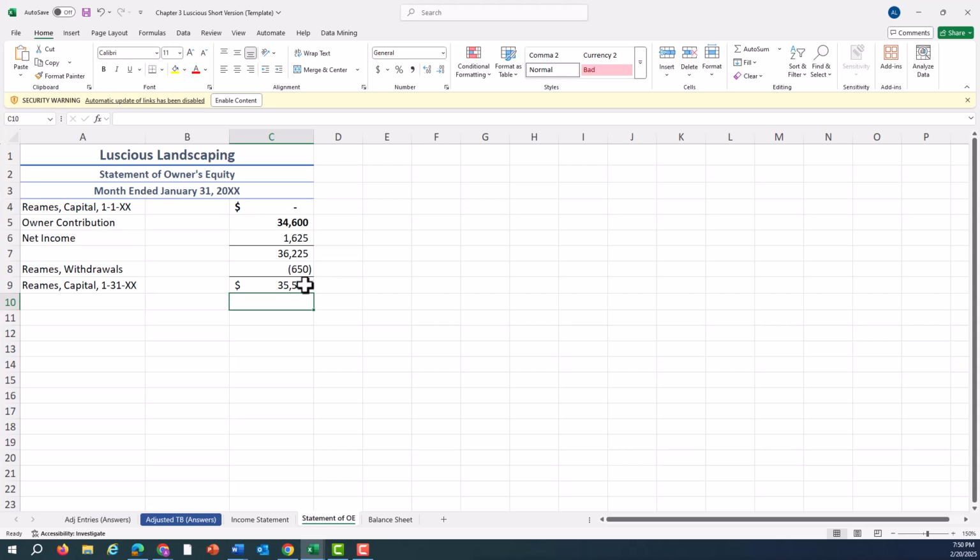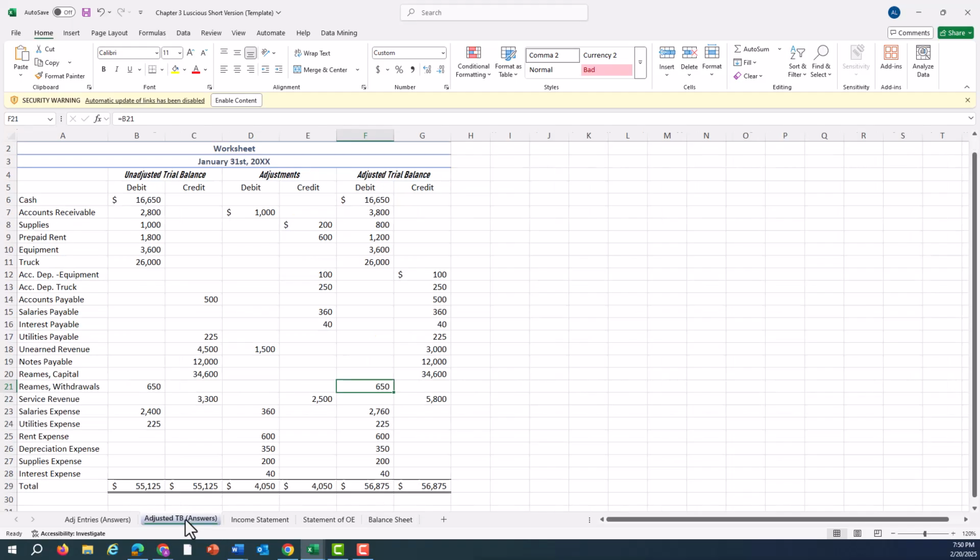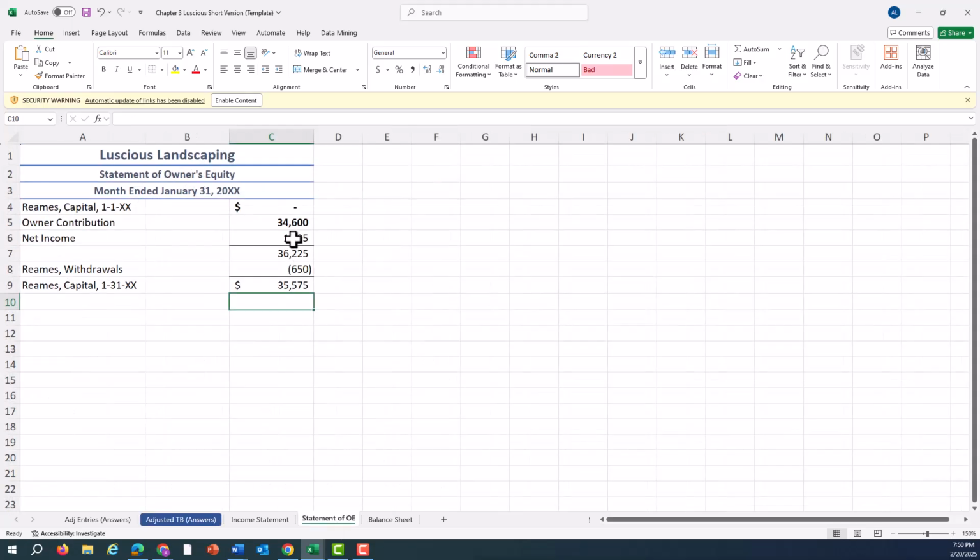Why do we need this number? Why do we make this statement second? Well, it's because the balance sheet has a spot down here for owner's equity. And I won't bury the lead. We have a number on our balance sheet for owner's equity. It was $34,600. But that number is not taking into consideration at the end the amount of income that the business had during the period, nor the amount that Mr. Reams, our owner, withdrew.